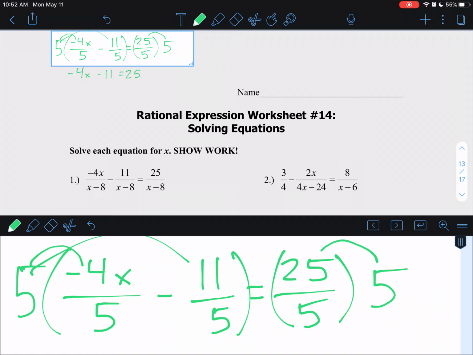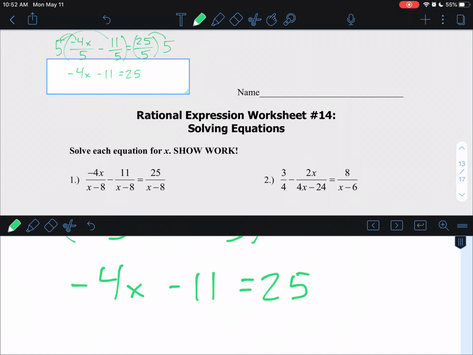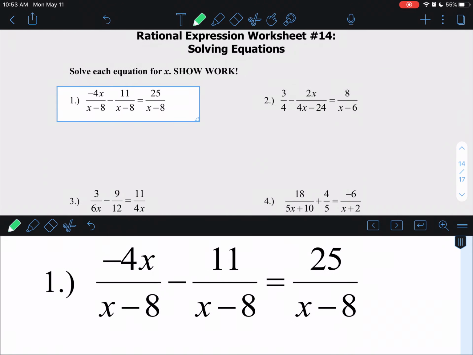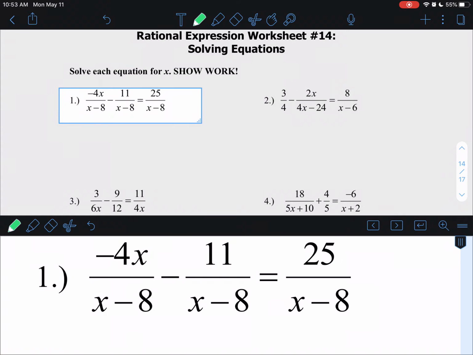I can't get rid of the denominators until they're all the same. And I'm going to have the exact same thing here, because all 3 of my denominators are x minus 8. Since they're all the same, I can just go ahead and get rid of them.